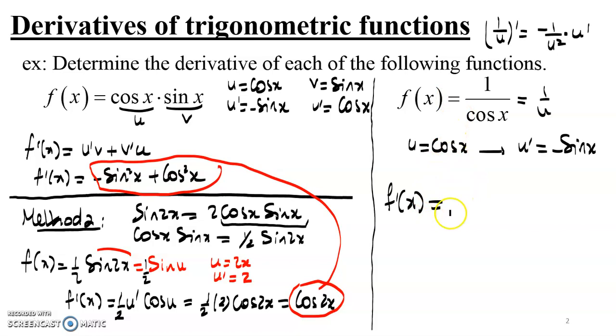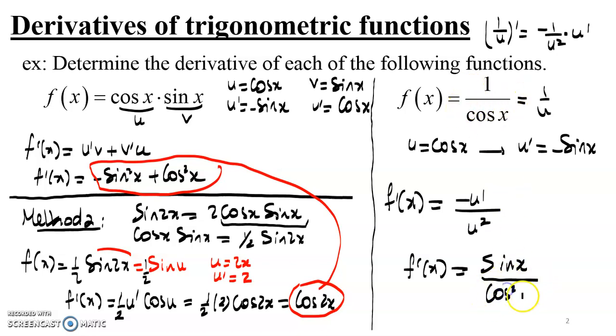So over here, this would in fact be negative u prime over u squared, according to the chain rule. So u prime is negative sine x multiplied by negative, that would give me sine x, divided by u squared, which is cosine squared x. And you could leave this in this form.